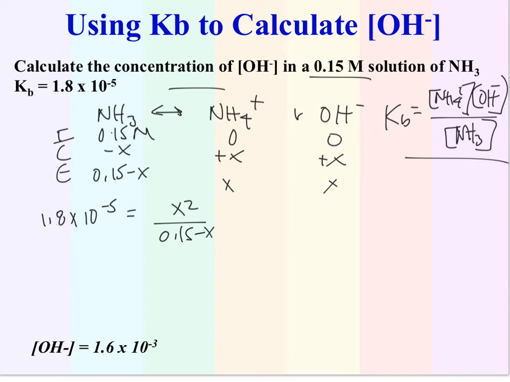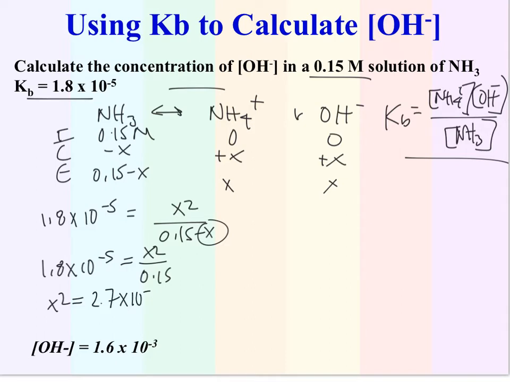In this case, I'm going to assume that x is very small because my Kb is very small. So what I'm actually going to end up with in terms of my equilibrium expression is as follows. I'm going to drop off that x value that we see here, and that's going to give us x squared equal to 2.7 times 10 to the negative sixth.